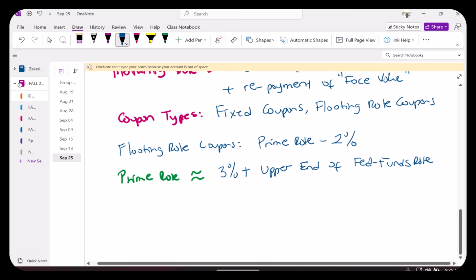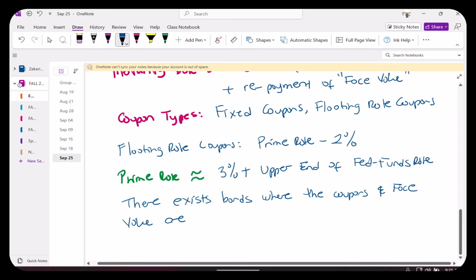You can also have bonds that exist, bonds where the coupons and face value are indexed to inflation, technically CPI inflation. One example are the TIPS.